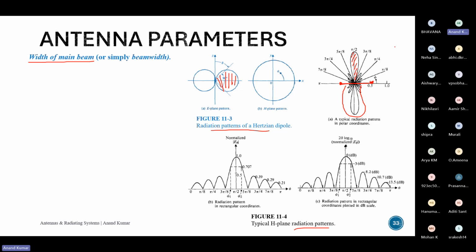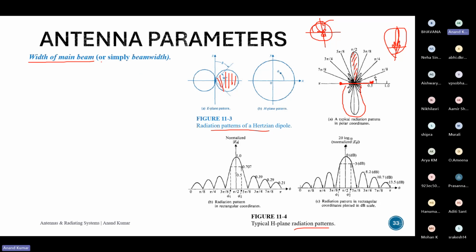If they are not symmetric, then the radiation pattern would probably look something like this. I've drawn it very badly, but if this is the circle in which you are plotting, and these are the axes, your antenna could have a radiation pattern looking like this. In this case, the upper half would be the main beam, and then the side lobes are there.